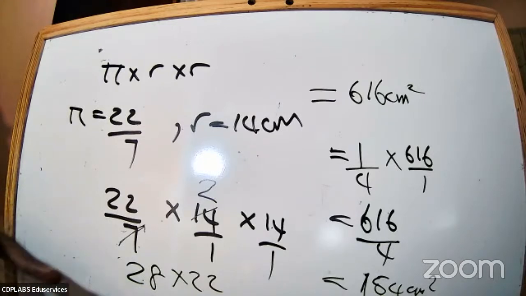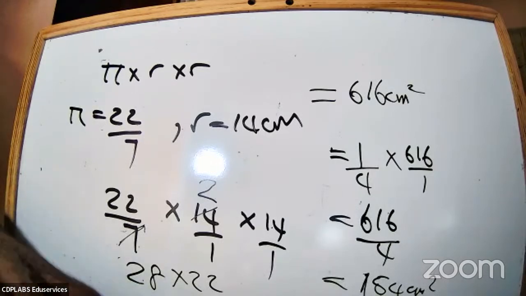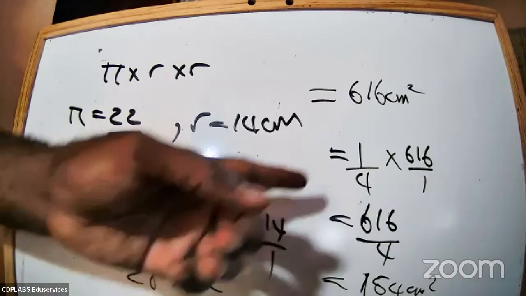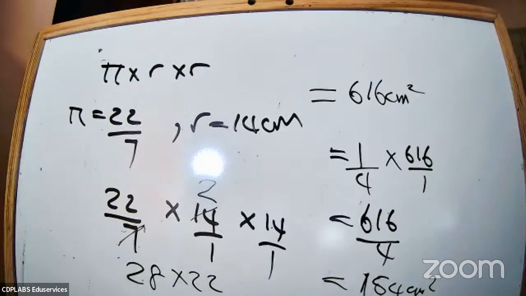I don't know what is below there. All right, you have to maximize your screen, then you'll see it full. Sir, we can only see 28 times 22. That's the whole thing that is there, there's nothing below it. You have to make sure my screen is fully in front of you. Maximize it. Full screen. All right?